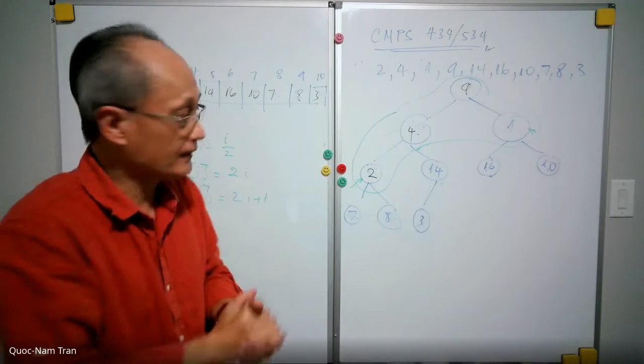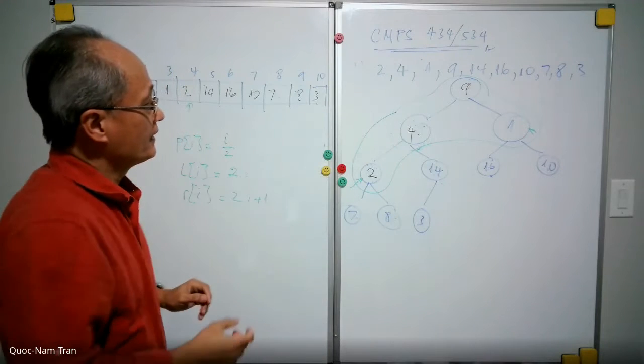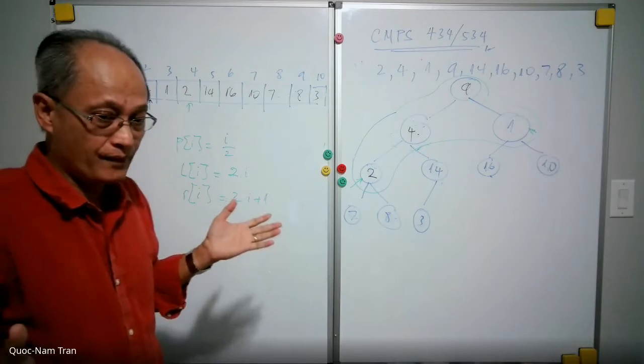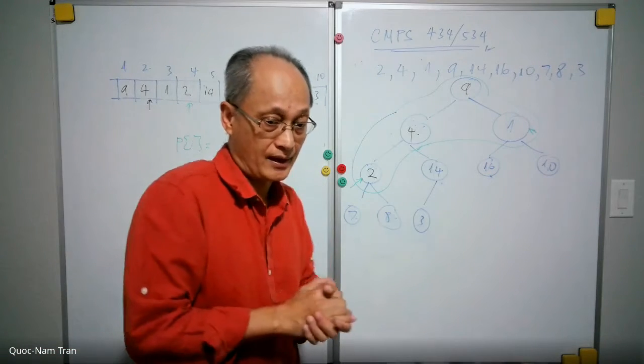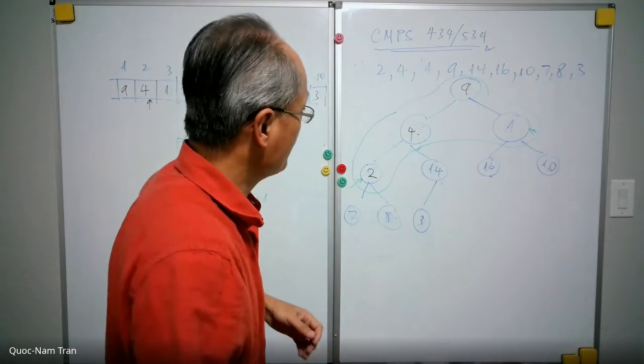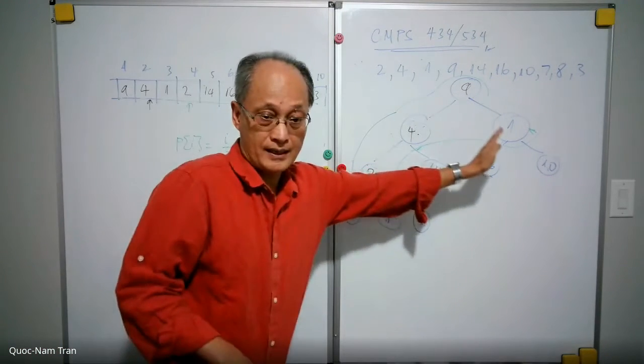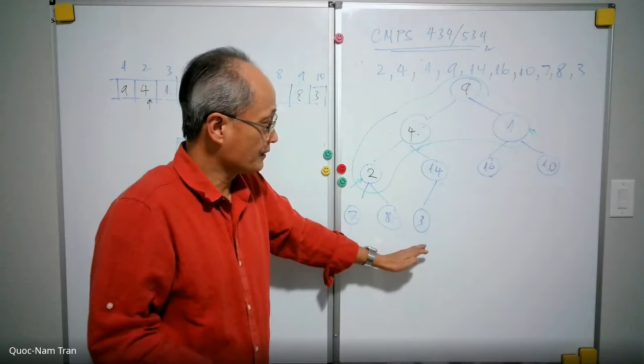So here is the algorithm that represents the idea I just presented. By the way, before we come up with the design for the algorithm, let me ask you to finish the work here by yourself.